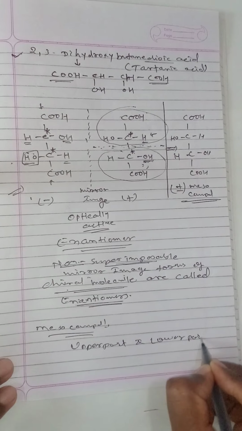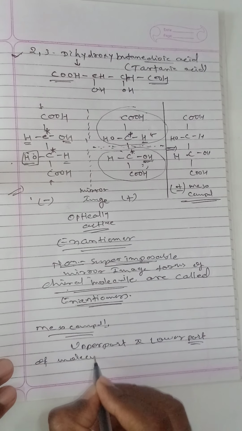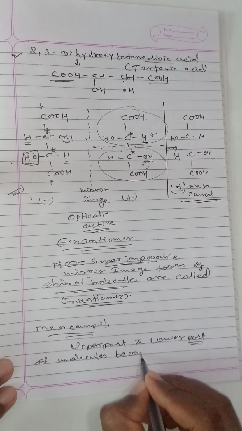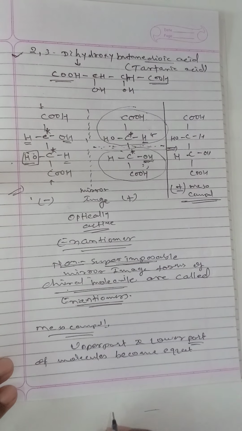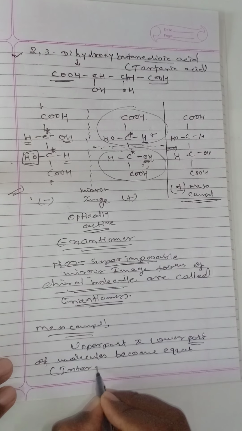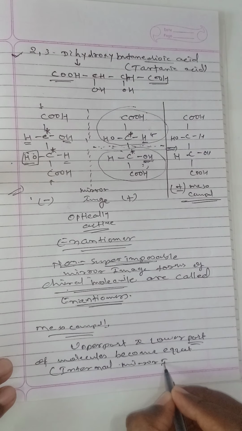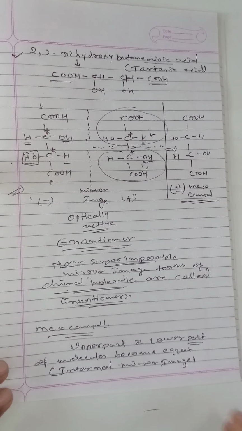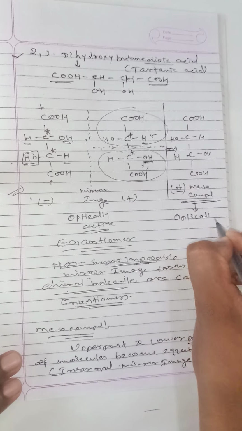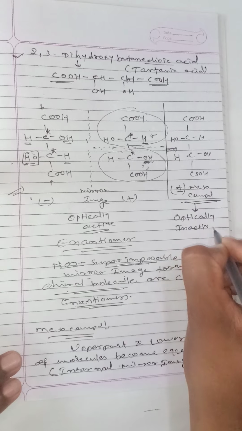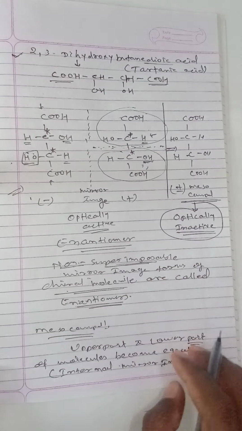This is only for your understanding: the two parts of the molecule become equal, that means its internal mirror image, and it is optically inactive. Why is it optically inactive?